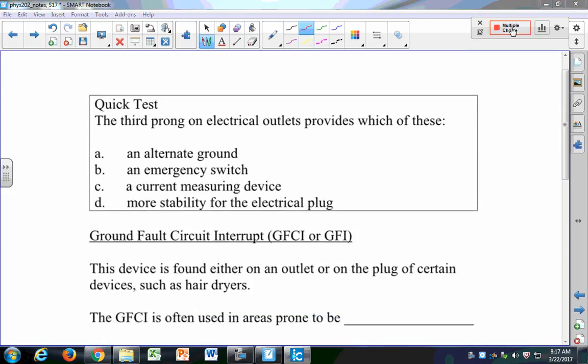All right, let's try this. All right, let's stop at 30.